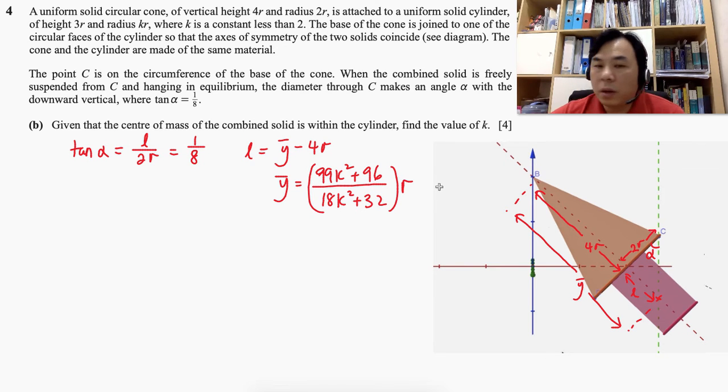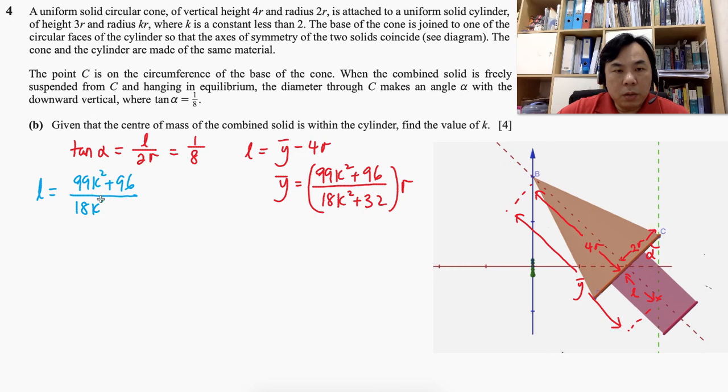Let me check whether that's correct. Okay, that is correct. So all you need to do is obtain our L here. I'm going to work out L first. That would be (99k square plus 96) over (18k square plus 32), times r, minus 4r.